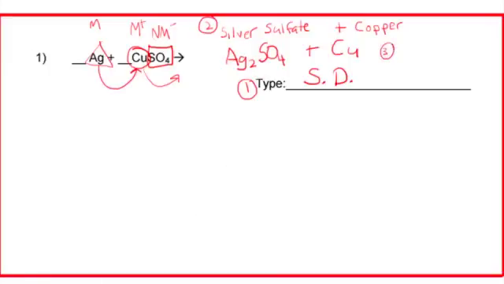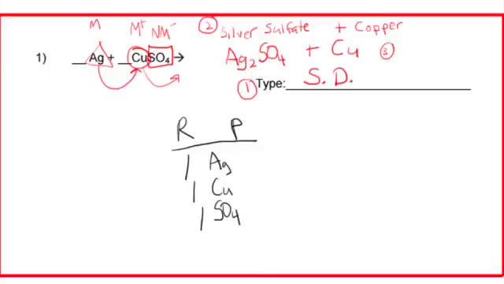Now lastly, if I change my color here, go to black, I have to balance. So I have to balance my reactants and my products. I have silver, I have copper, and since sulfate is the same on both sides, I can balance sulfate. I have 1 silver, I have 1 copper, I have 1 sulfate, I have 2 silvers in silver sulfate, I have 1 sulfate, and I have 1 copper.